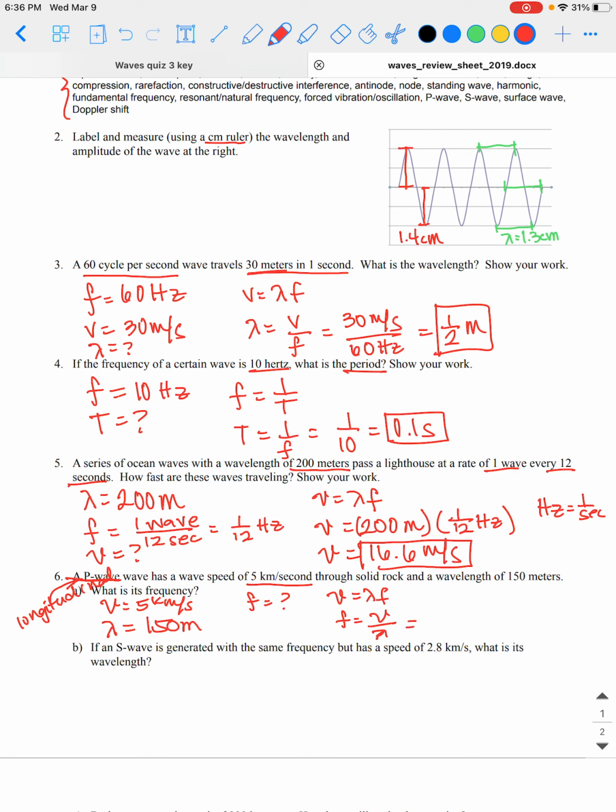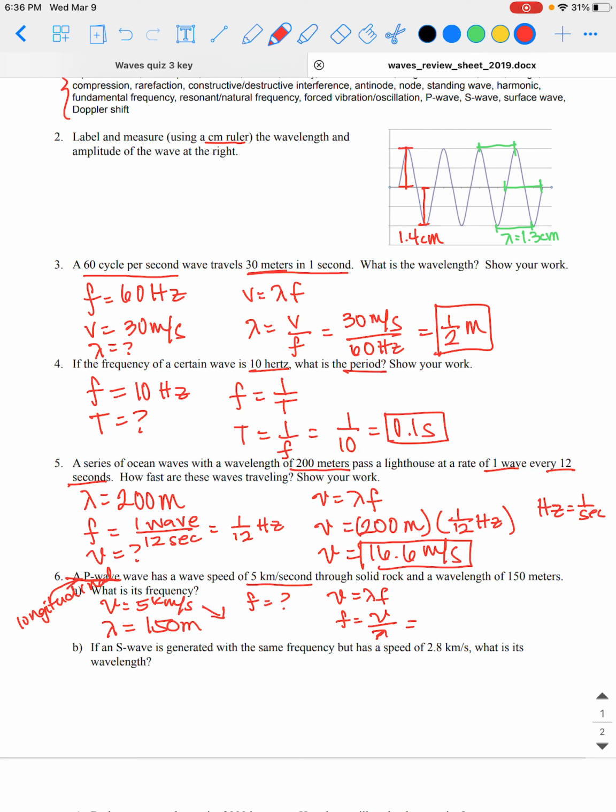And 5 kilometers per second needs to be converted. So let me go back and convert my kilometers per second to meters per second.